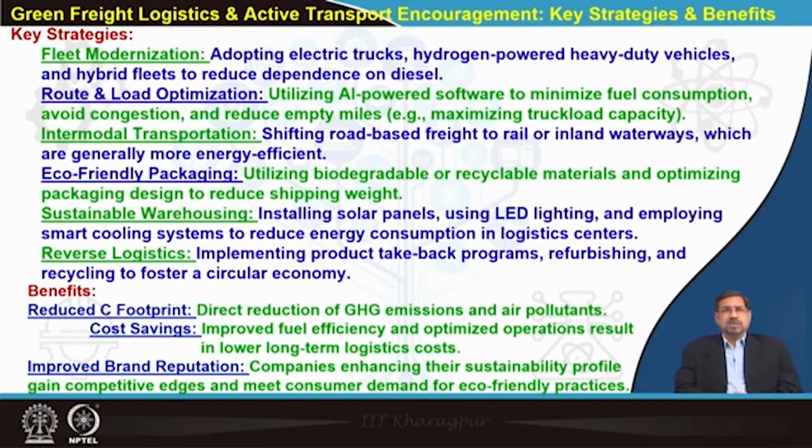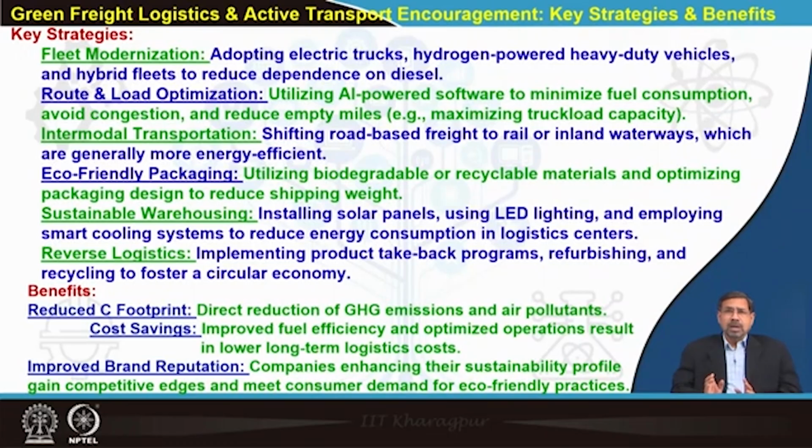The second is route and load optimization, utilizing AI powered software to minimize fuel consumption, avoid congestion and reduce empty miles. For example, maximizing the truck load capacity. We need to use artificial intelligence powered software to minimize the fuel consumption.